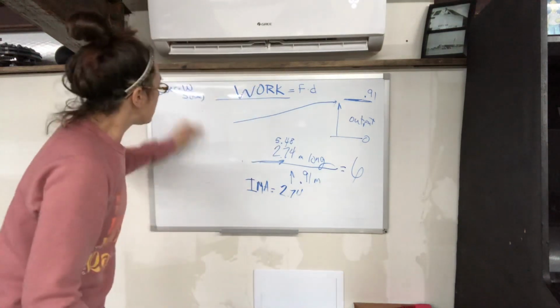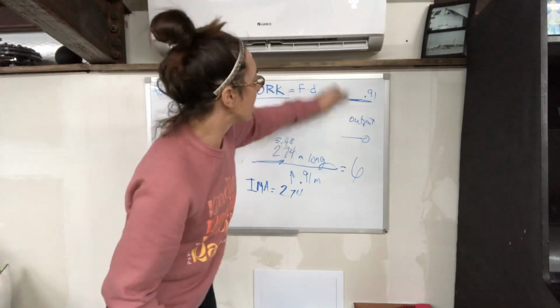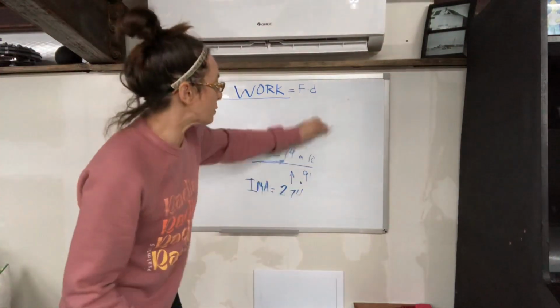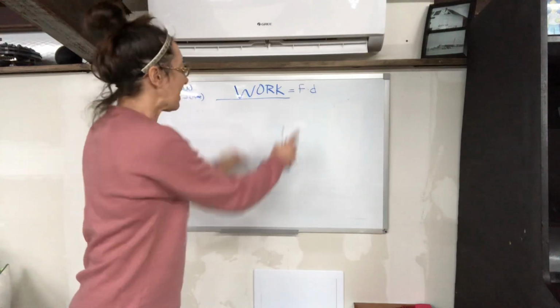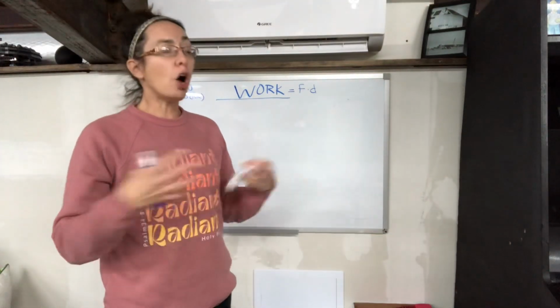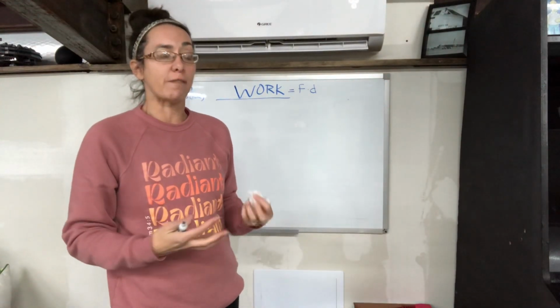Okay, so then your book talks about efficiency, because every system is not perfect, and especially since this work depends on force and distance, and we know that force always has some things that are drawn out of that system, specifically friction.